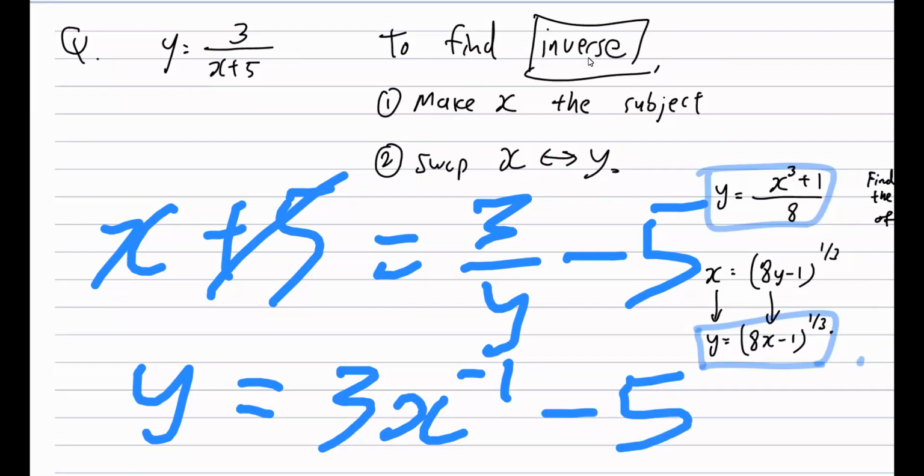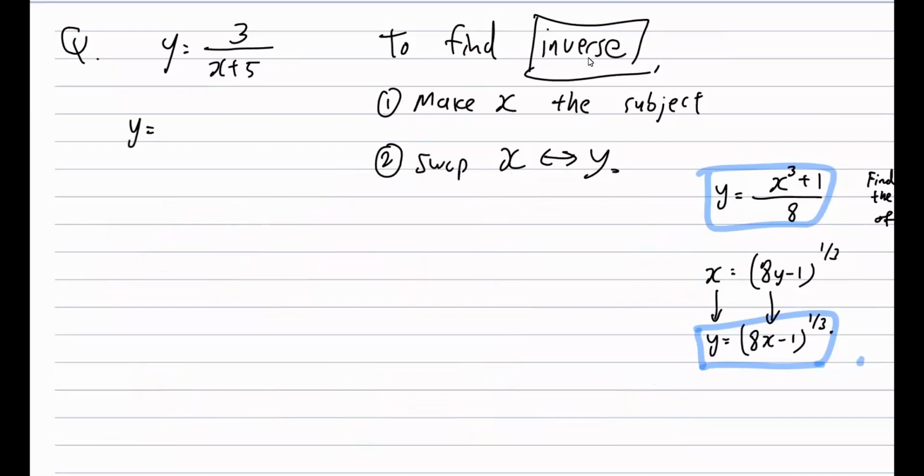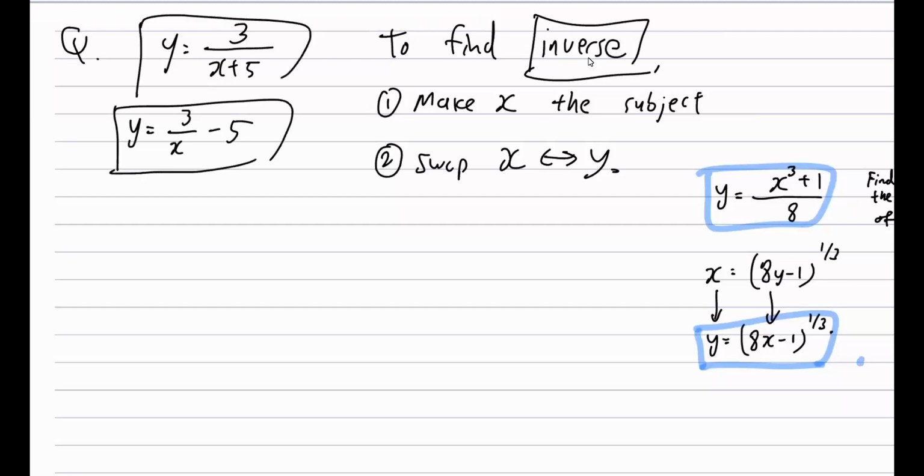Okay, so that's the inverse function. Then if you want to make it into a single fraction, you can treat this 5 as 5 over 1, then times x at the top and the bottom. So you get 3 minus 5x over x.